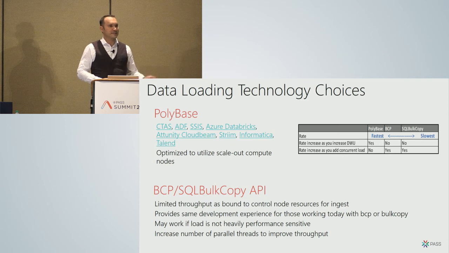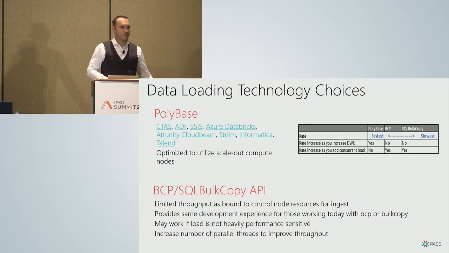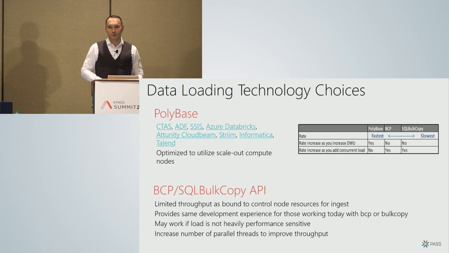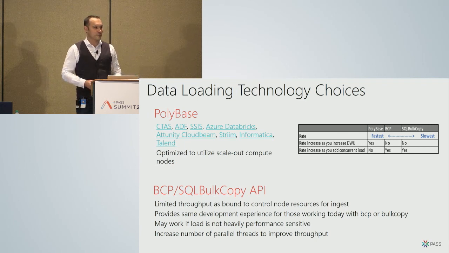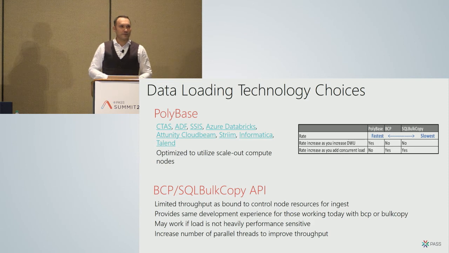SSIS has a native Polybase connector. Then Informatica, a very famous alternative, also natively supports it. And some internal operations of SQL Data Warehouse, such as CTAS, rely on Polybase for transferring data.